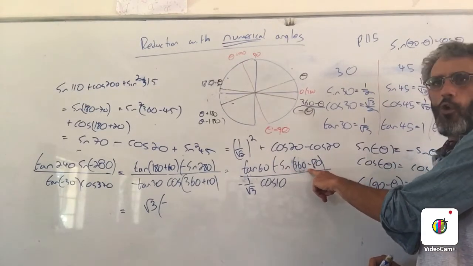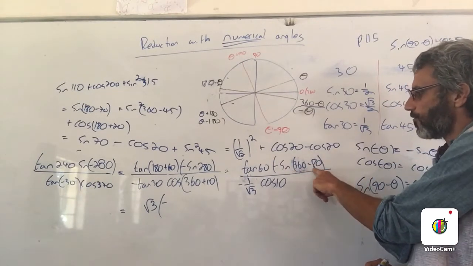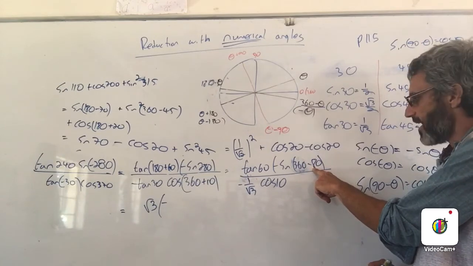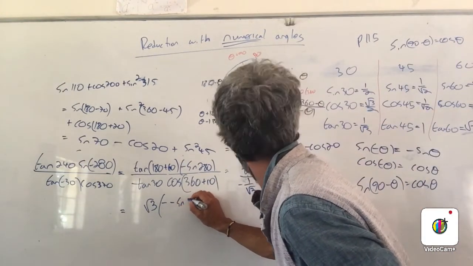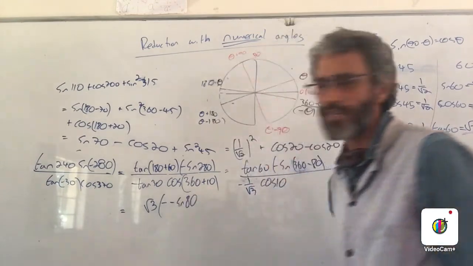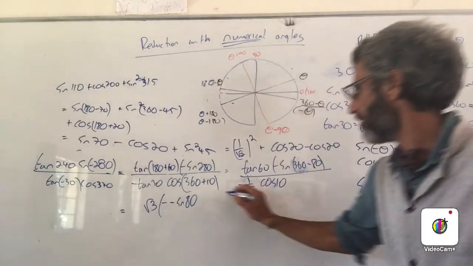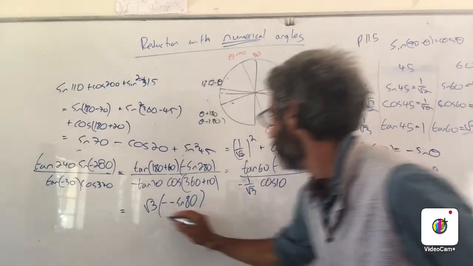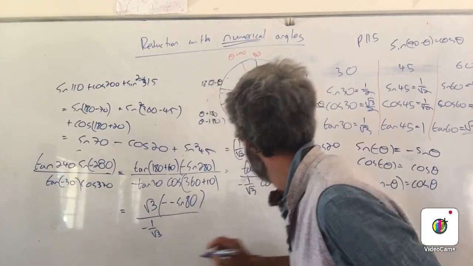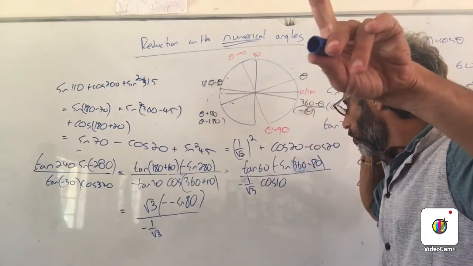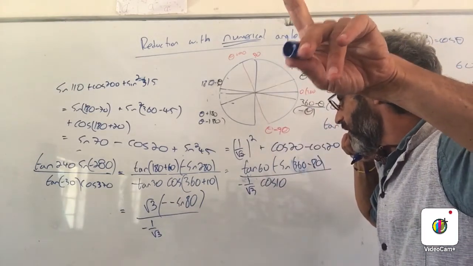Here I'm in the fourth quadrant. What happens to sine in the fourth quadrant? Negative. It's negative. So in other words, negative times negative sine 80. So you're right, it's going to be positive. Okay? I'll just leave the two negatives for now. Okay, now we have minus 1 over square root 3. Just bear with me. Cosine 10. Okay, hang on.